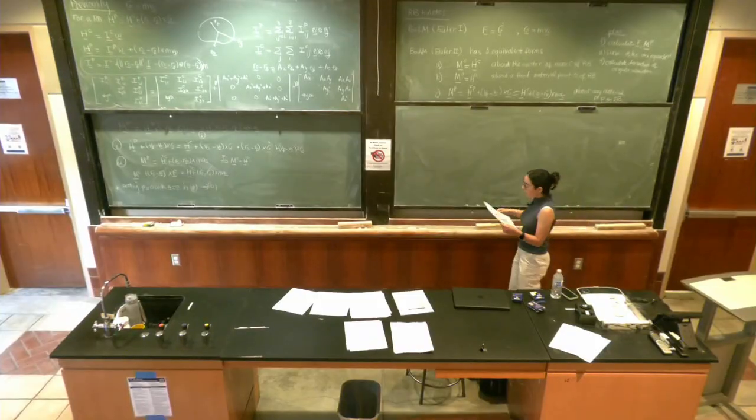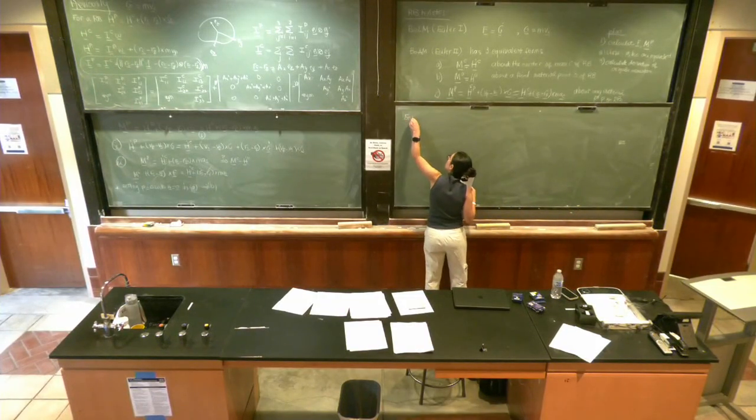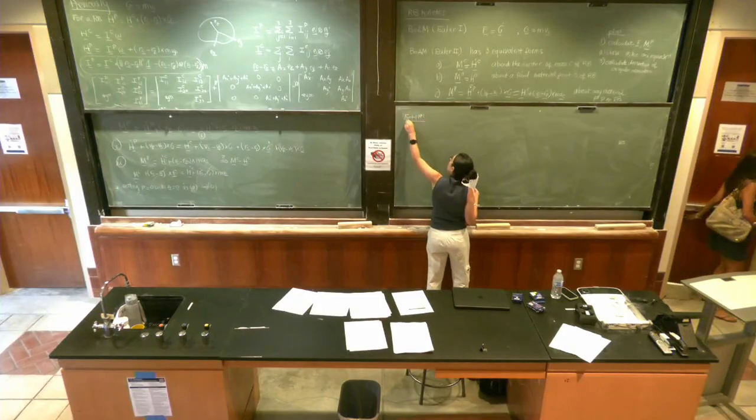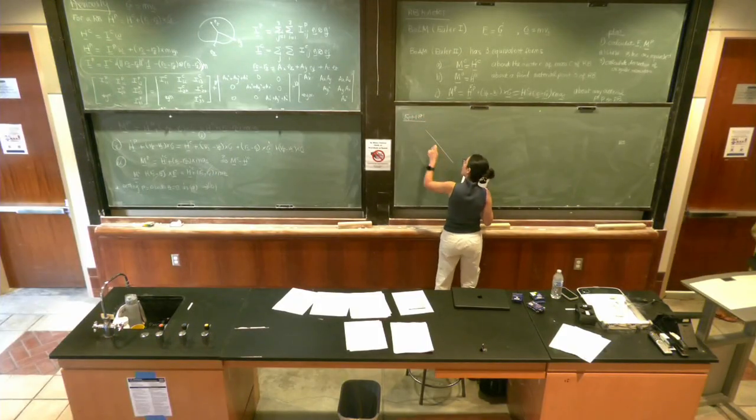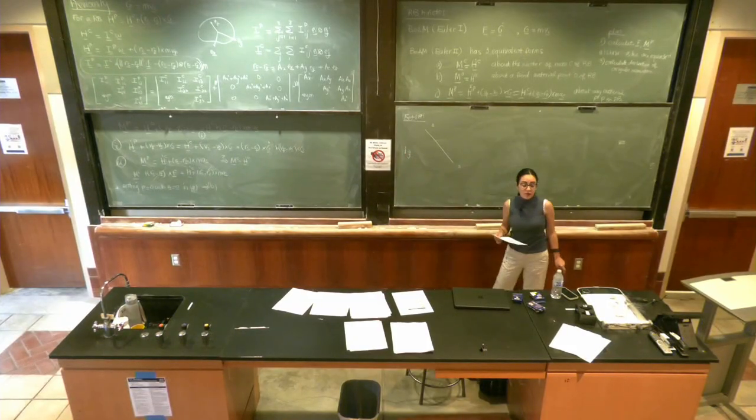Okay, so I have rod AB, gravity is pointing down. What are the forces acting on this rod?